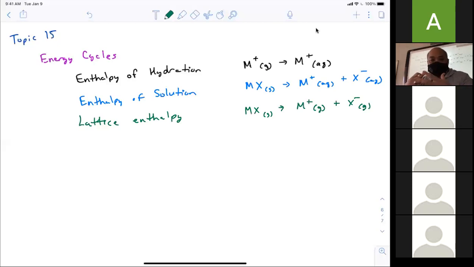Now, these three enthalpies can actually form an energy cycle, meaning that they are all related to each other.